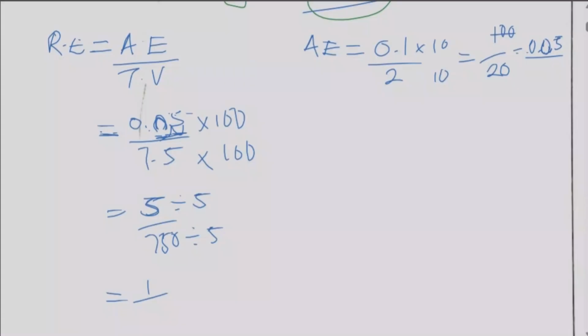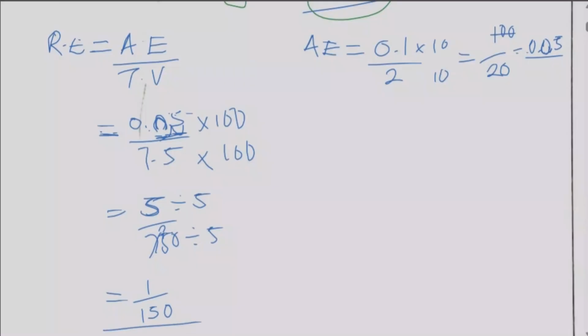Then 5 into 7 goes 1 time, remainder 2. So here we have 2, then it will be 25. 5 into 25 goes 5 times without any remainder, and we haven't used 0, so we write it to the quotient.